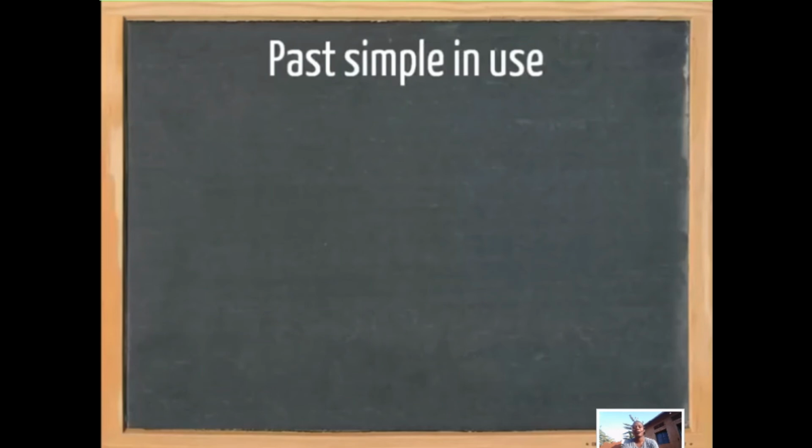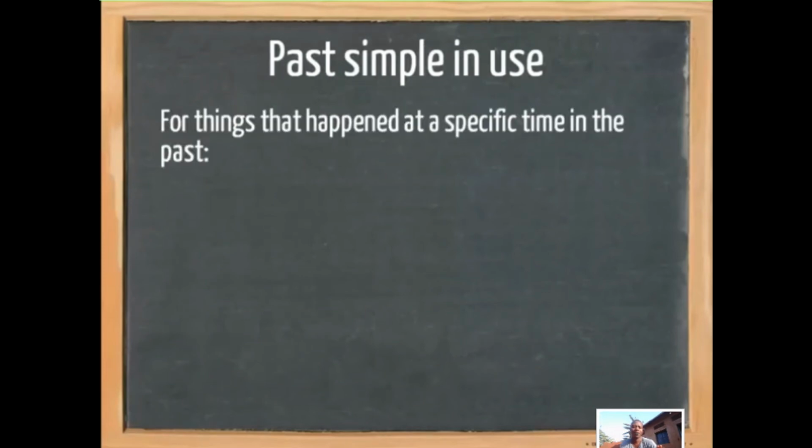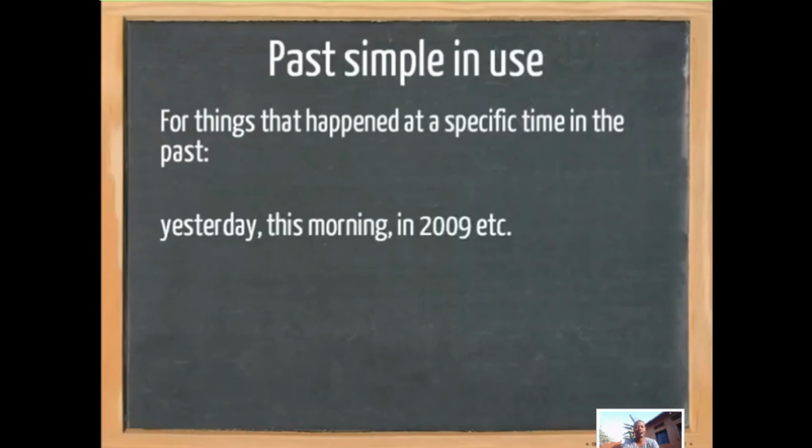Past simple in use. When and how do we use past simple? We simply use past simple for things that happened at a specific time in the past. Just to be specific, when does the action happen? Yesterday, this morning, in 2019, in the 1990s, and so on.